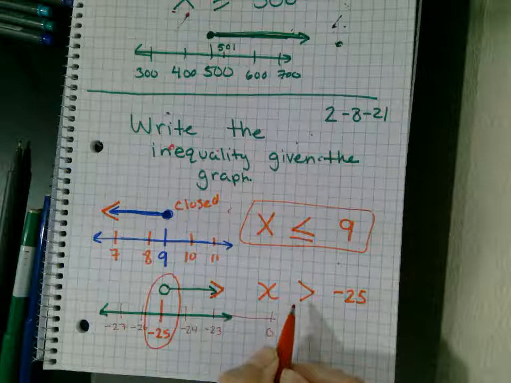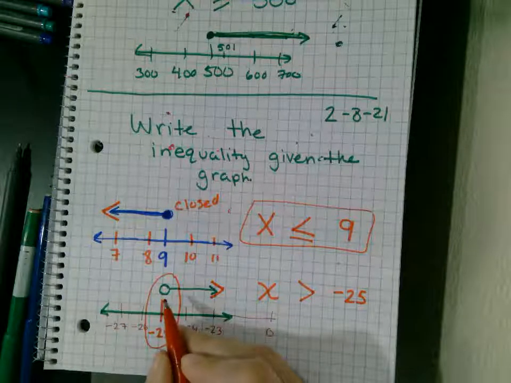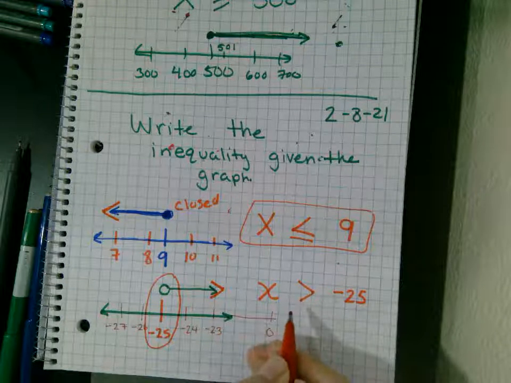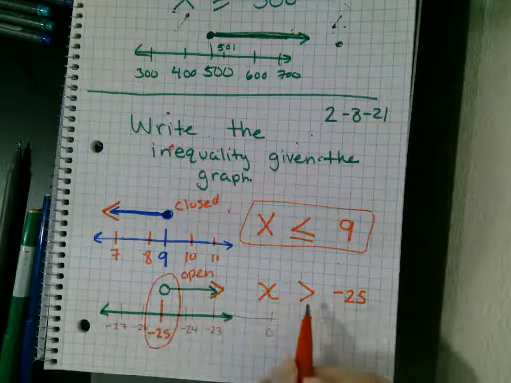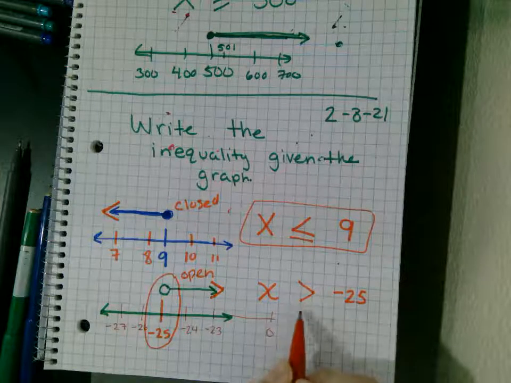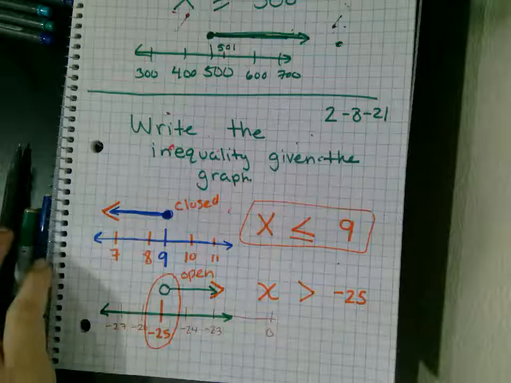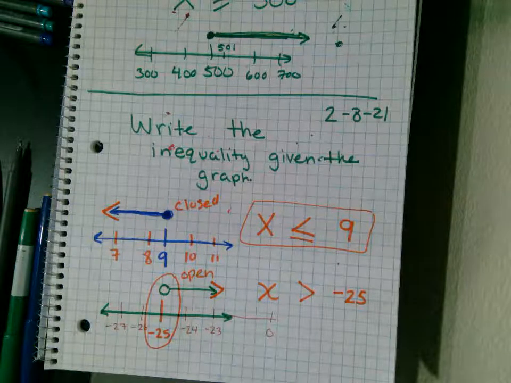The last thing you have to do is check, is it an open or closed circle? It's an open circle, so I don't add the little line. No need, because it's an open circle. Are we okay? Are we following along?